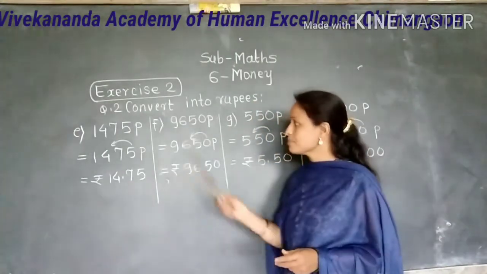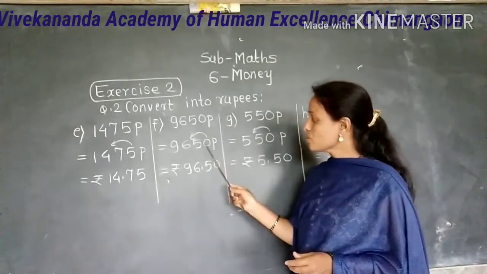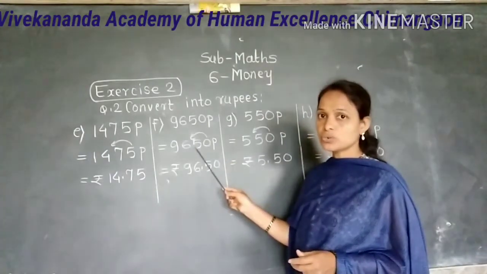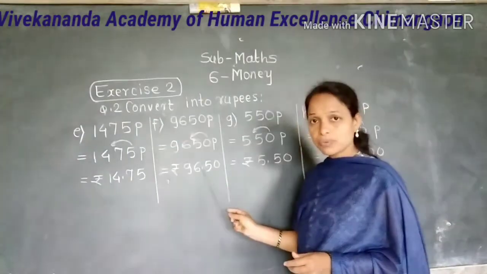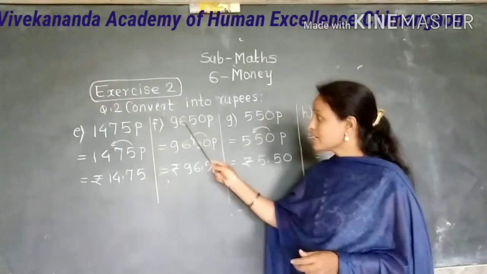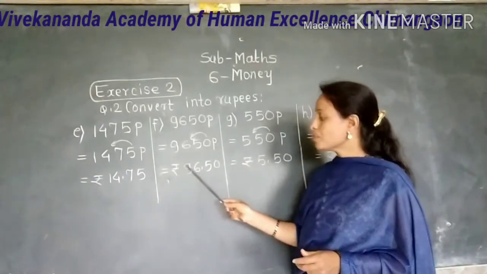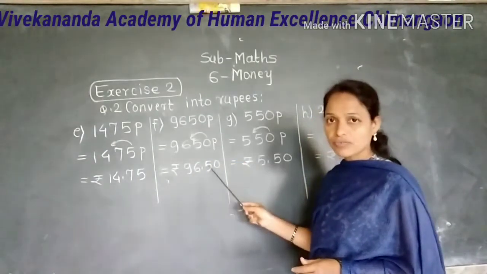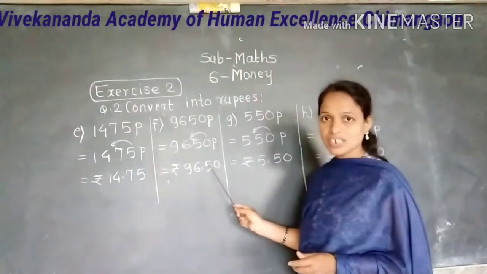Okay. Next example, 9650. So here also from the right two digits 1, 2. So here we put the dot and 9650 paise we converted into rupees 96.50, and how to read this? 96 rupees 50 paise.